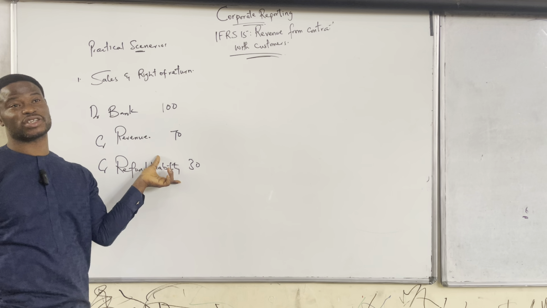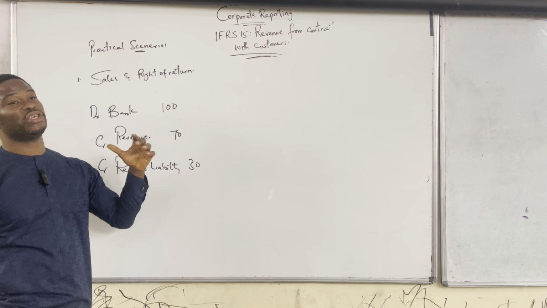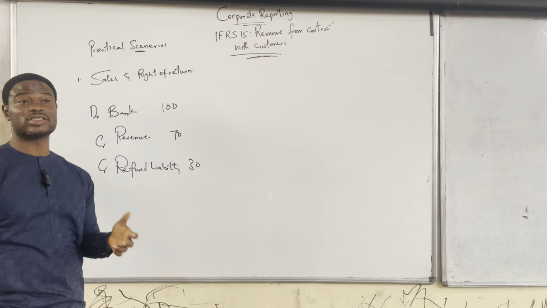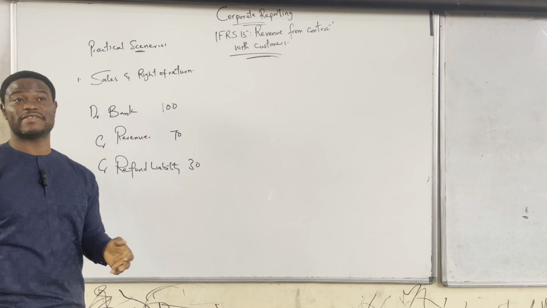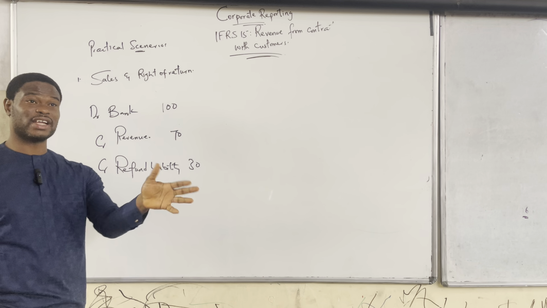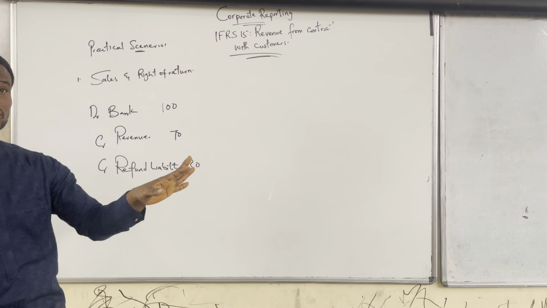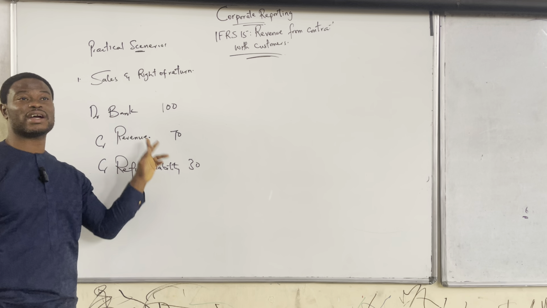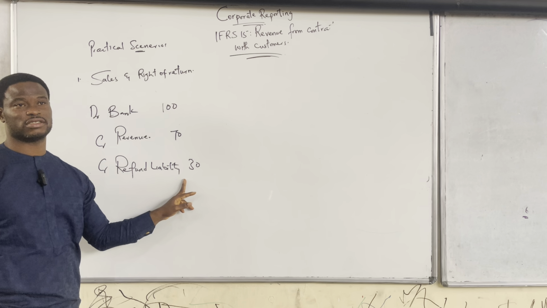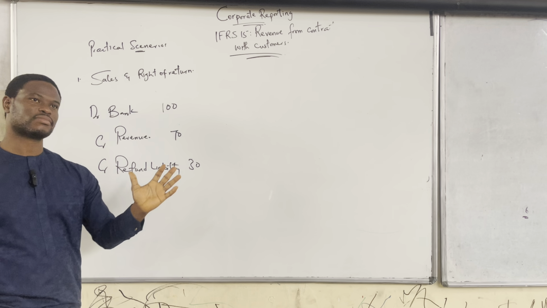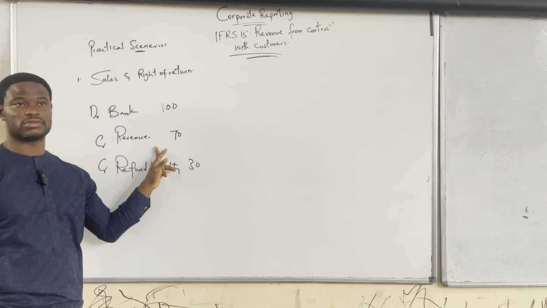Everything will be a refund liability until that period has lapsed. Because if they can return within the first 6 months or first 2 months, you just debit bank and credit refund liability, waiting for them. So if they don't come, you take it to revenue.